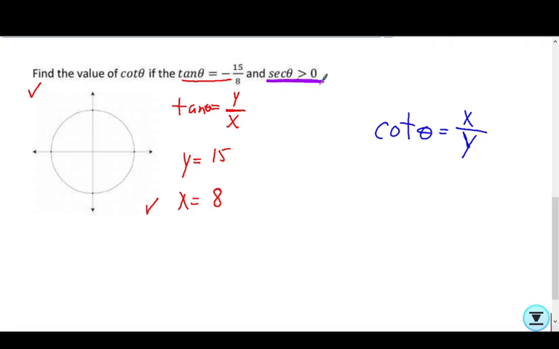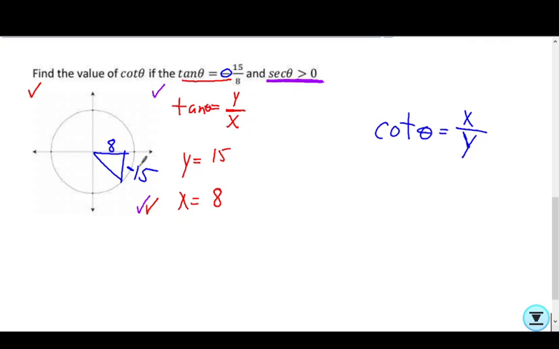Where is cosine positive? Well, cosine's positive where my x's are positive, and that's in the first and the fourth quadrant. Okay, so where is it both tangent negative and cosine positive? Fourth quadrant, which means my triangle is in the fourth quadrant here, which means my x value here is 8 and my y value is 15, and that's going to tell me which one of these two is negative.